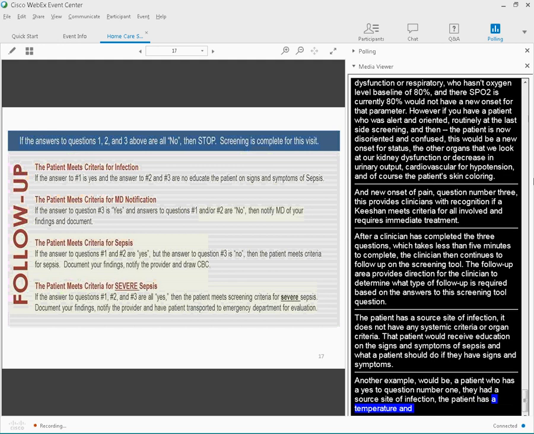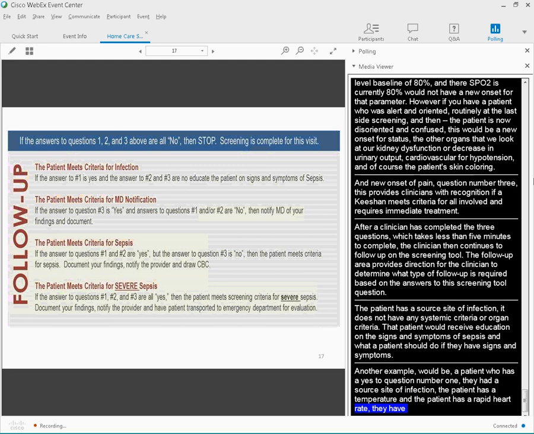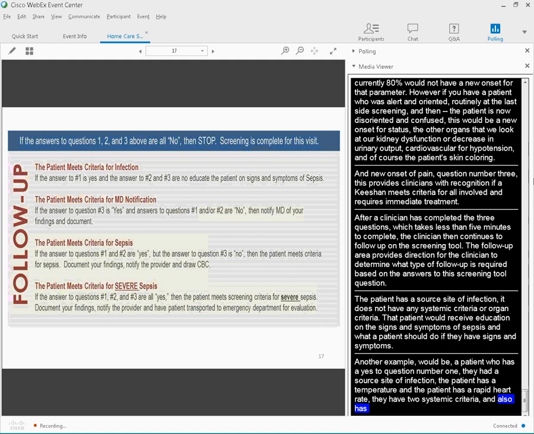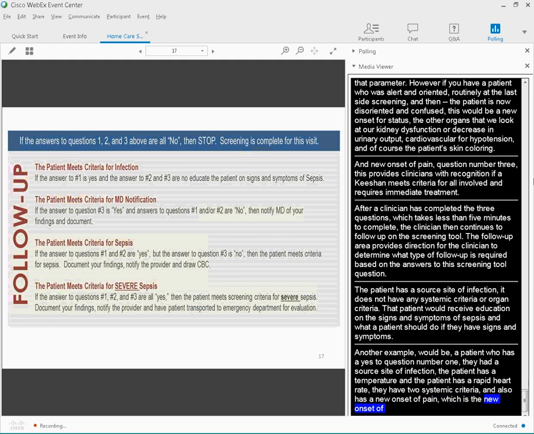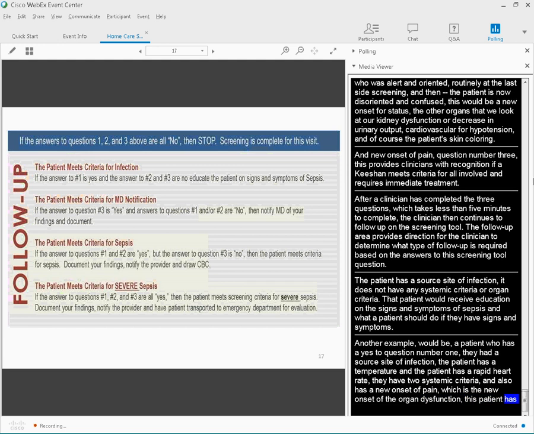So they have 2 systemic criteria, and also have a new onset of pain, which is the new onset of an organ dysfunction. This patient has met the criteria for severe sepsis. This patient would need immediate follow-up and intervention.